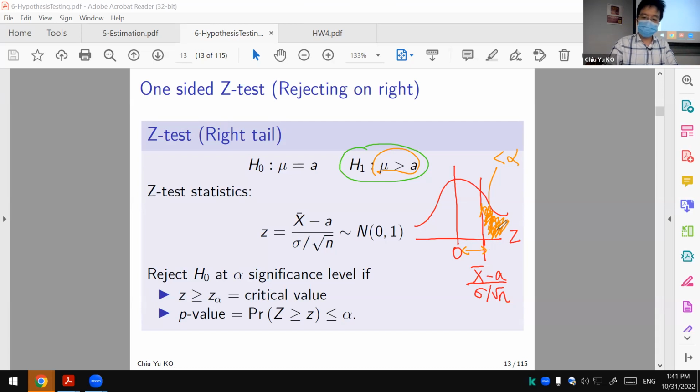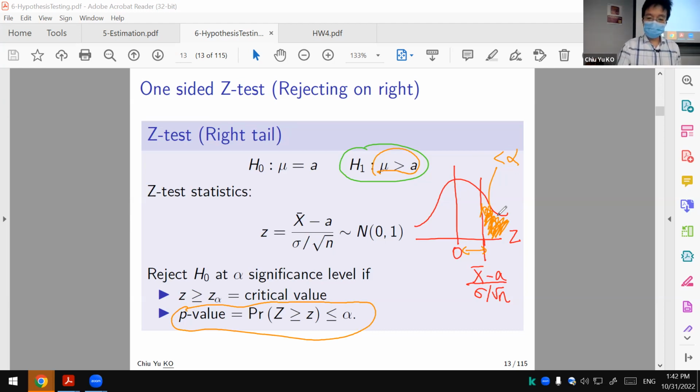Obviously, if your data is on the left-hand side of 0, then you actually don't need to do anything, because on the left-hand side, this must be bigger than 0.5. Our alpha is like 10%, 5%, or 1%, so you never reject. This is what we call the p-value idea: look at your data, look at the area compared to alpha. That would be our first way to do it.